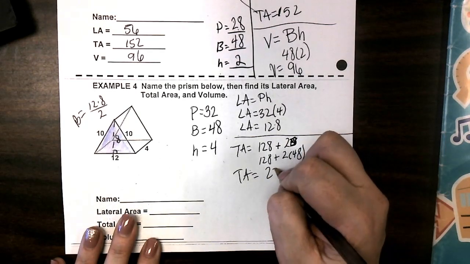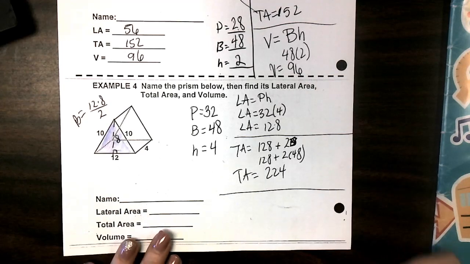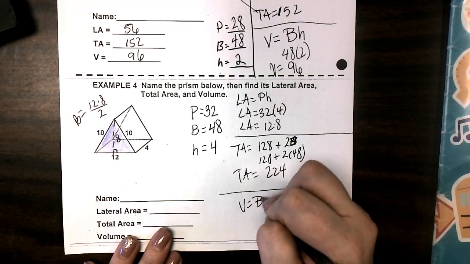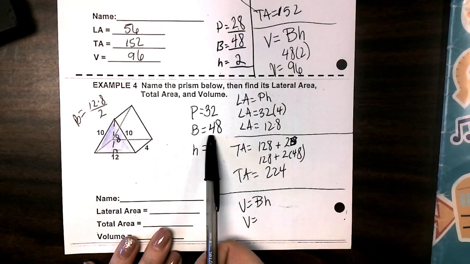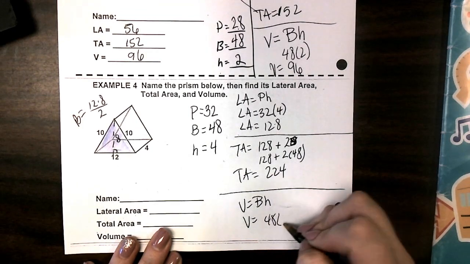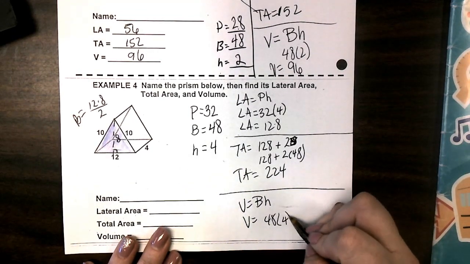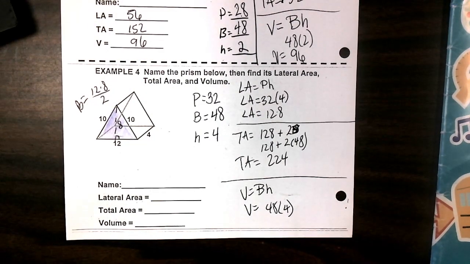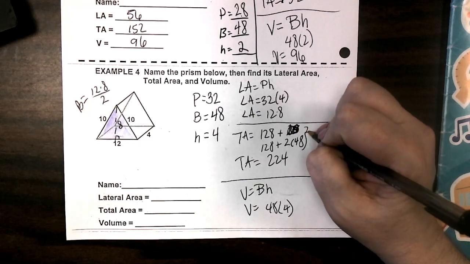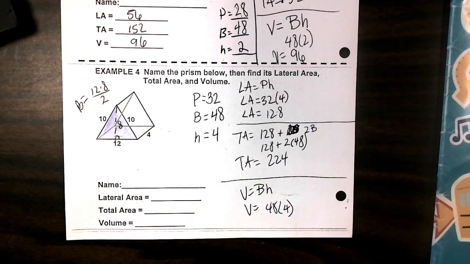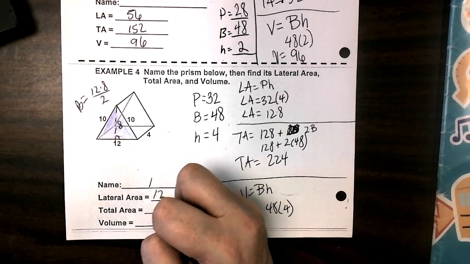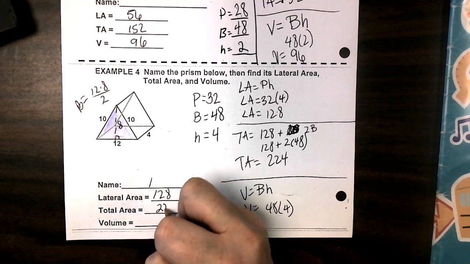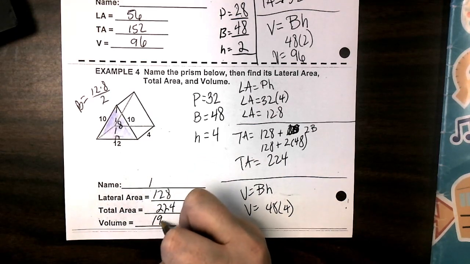And then volume is big B times H. Our big B is 48. Our H is 4. Multiply those together, and what do you get? 192.